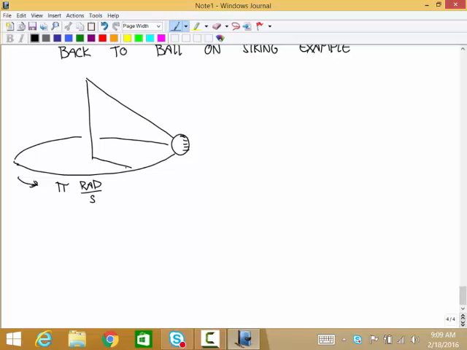And this was 0.1 meters. What else do we know? This is 0.05 kilograms. There are two forces acting on this ball.